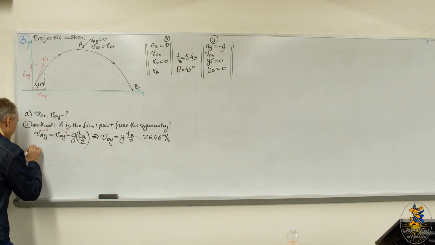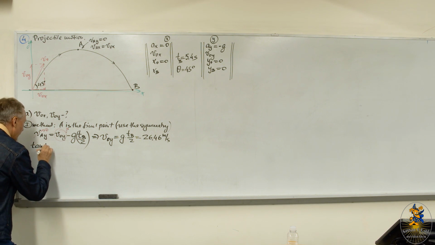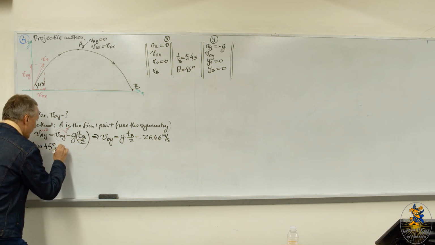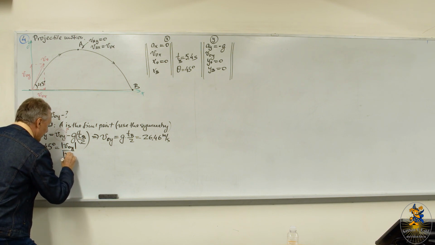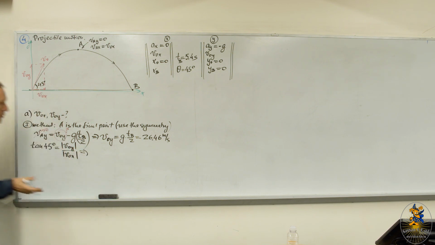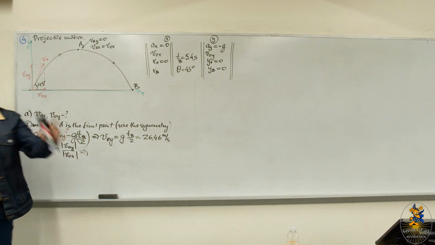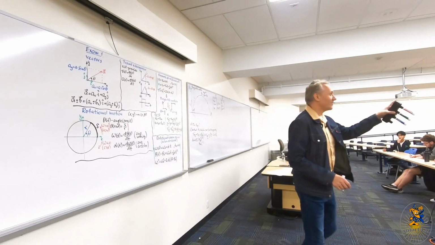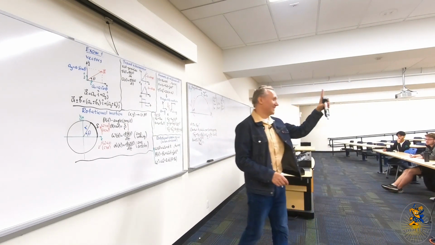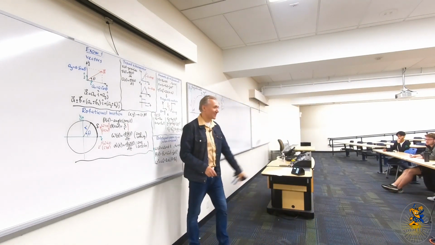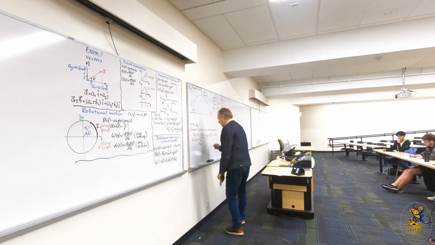So now, tangent of 45 degrees equals v naught y versus v naught x. Both velocities are positive, so we can just drop the absolute values. So tangent of 45 degrees is 1.